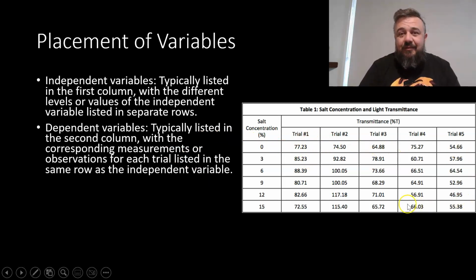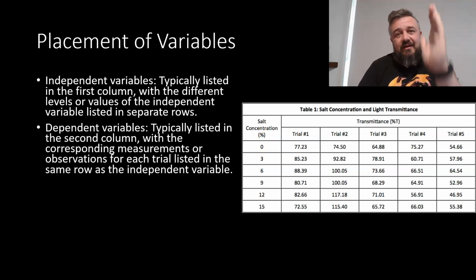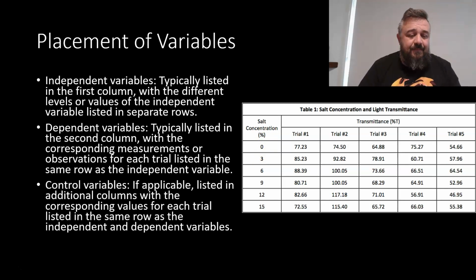I said independent, I meant dependent variables. These are all dependent variables, so that's the thing you measure, which is the transmittance, and you see that we have 1 group, 2 group, 3 group, 4 group. And again, these are all the values linked to the 0% independent variable. Okay, so it goes independent variable, then dependent variables after that.